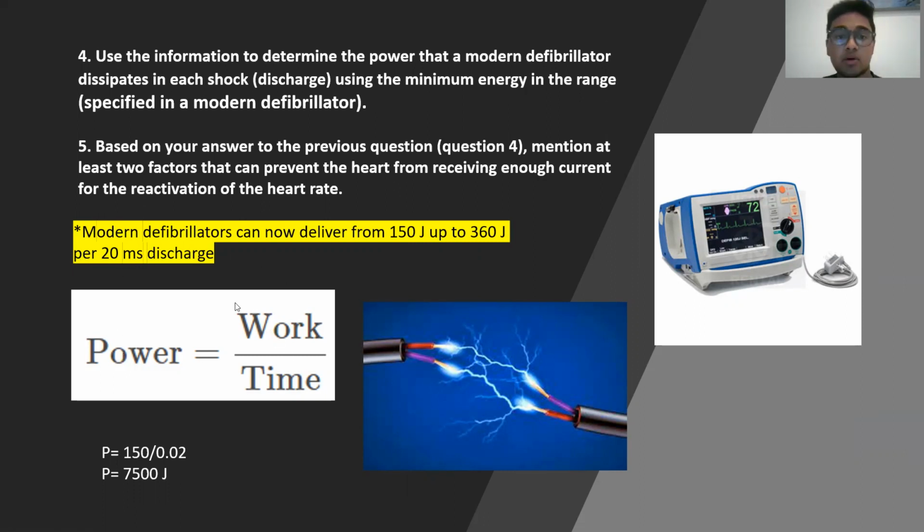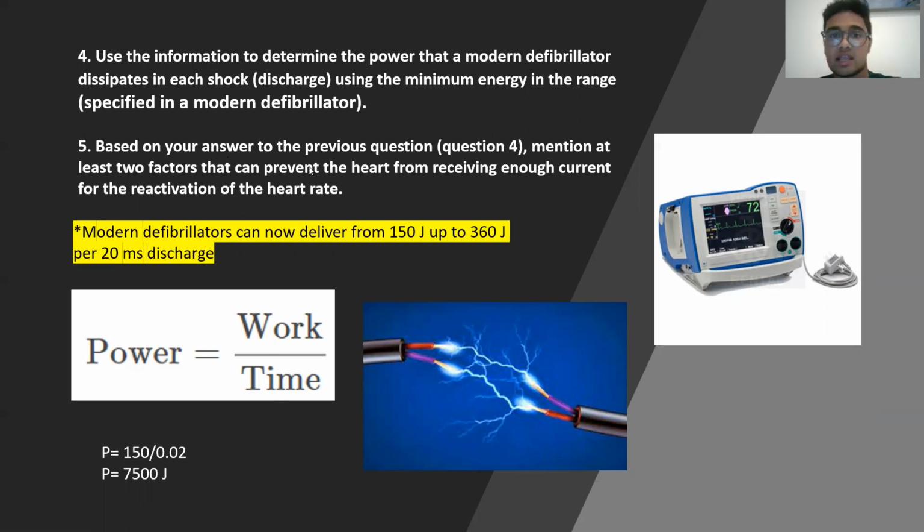So power is work, that is 150 joules because they tell us the minimum energy, divided by time, which is 0.02 because we have 20 milliseconds and I converted it to seconds. So the power using the minimum is 7,500 watts in a single discharge.